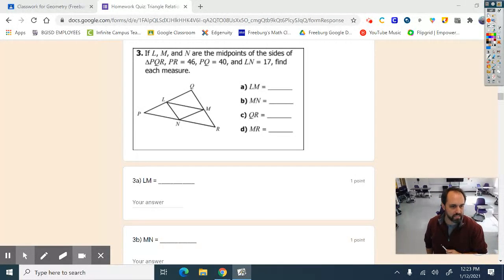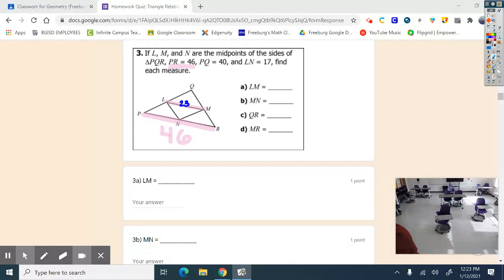So this is the mid segment. Again, I know that PR, for example, this full distance, that base, if this is 46, then I know LM, the mid segment across from it, is half that distance. So I would know this part is 23, okay?